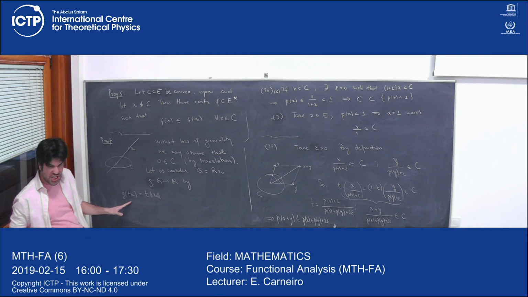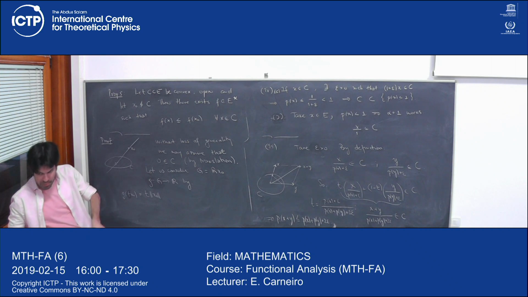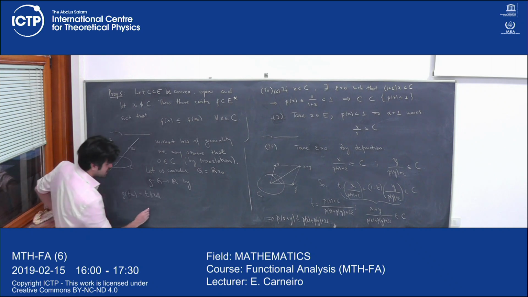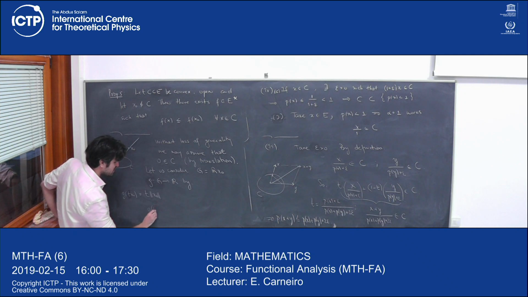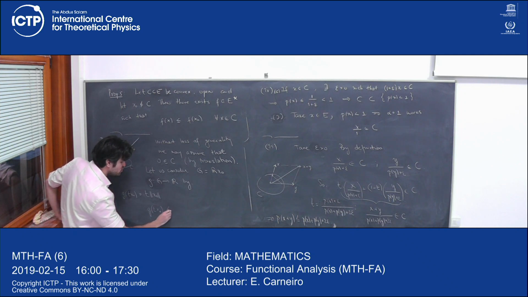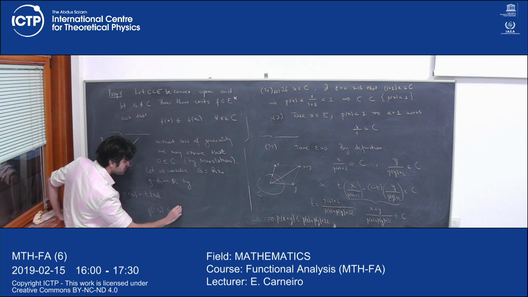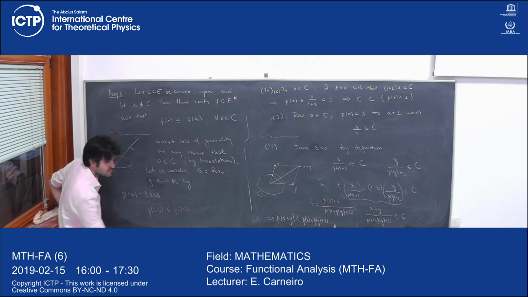Now I would like this g to be dominated by the function p, right? So I would like g of t x0 to be less than or equal to p of t x0.